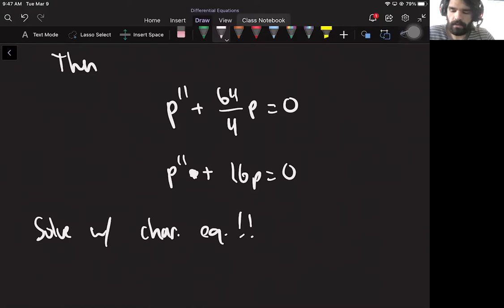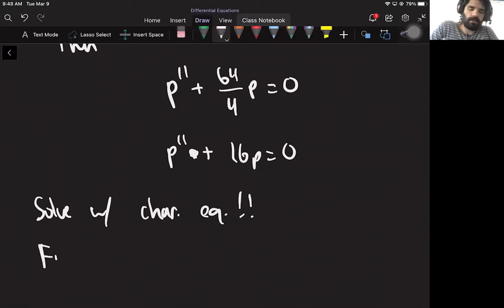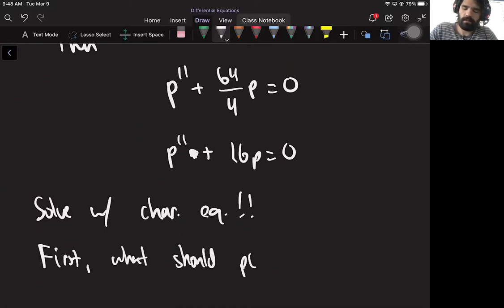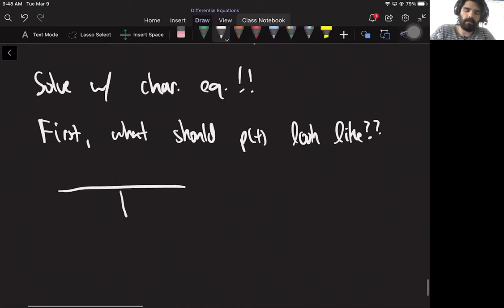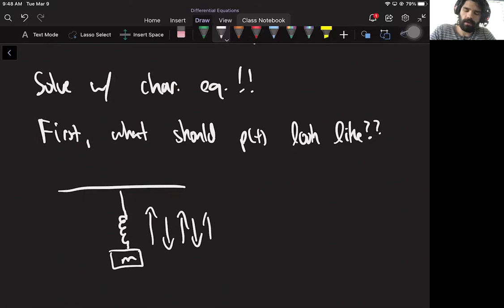But before I do that, I want to sort of just think about intuition a bit so we don't get all lost in the math. So first, what should, if we do everything right, P of T look like? So what's going on is I have my spring that I've set in motion, and it's just going up and down, up and down, up and down forever. There's no air resistance. So it never like slows down.